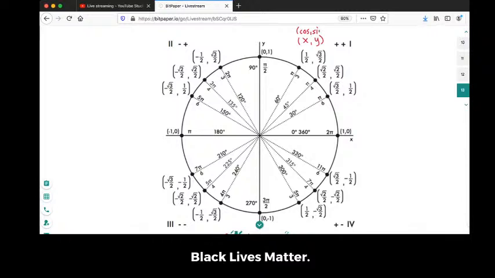One way to remember that, as I've said before, is that they are alphabetical. So if this is cosine and this is sine, and I look at 30 degrees right here, cosine is root 3 over 2, sine is a half.